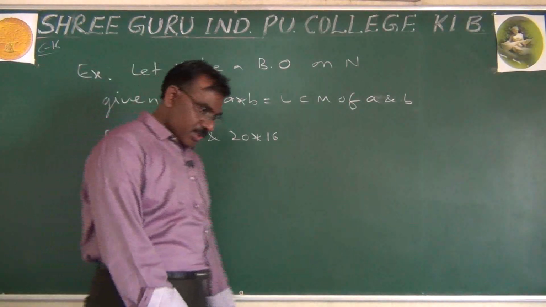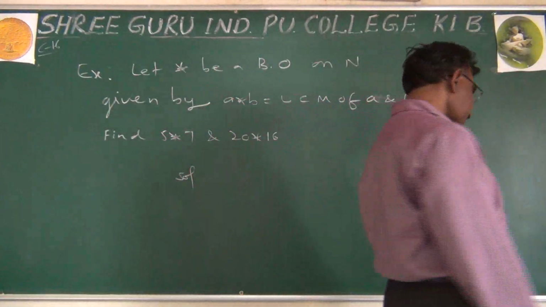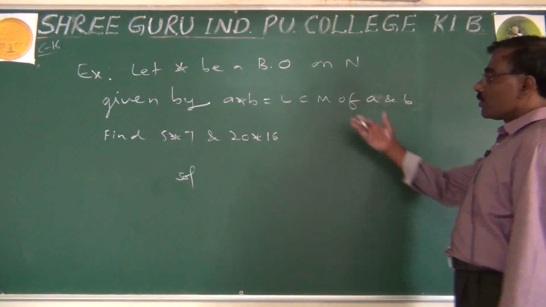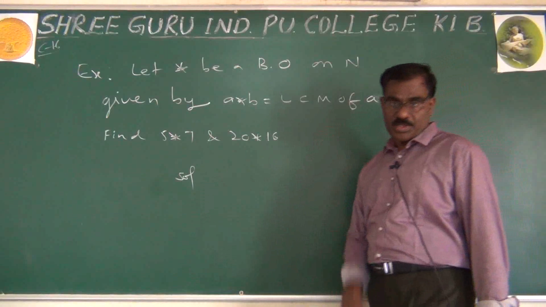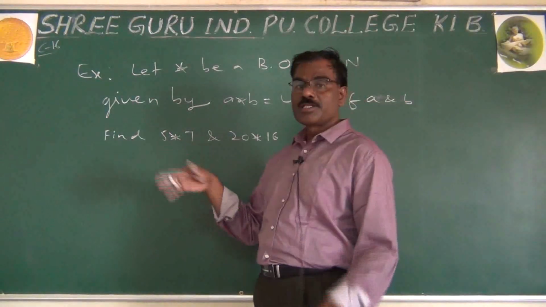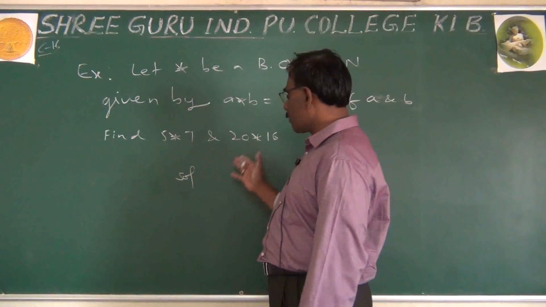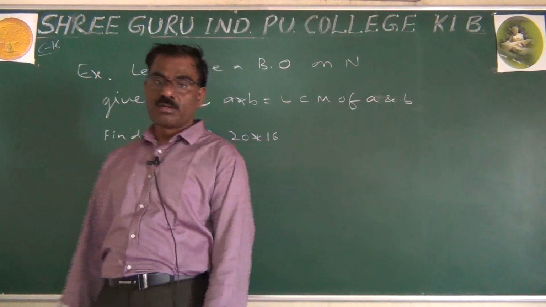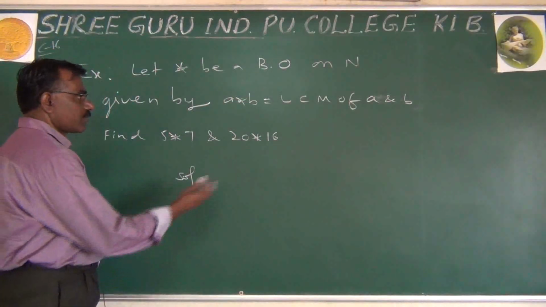So what is the question asking? Given is LCM of A and B. So he is asking LCM of 5 and 7, and LCM of 20 and 60. Least common multiple.